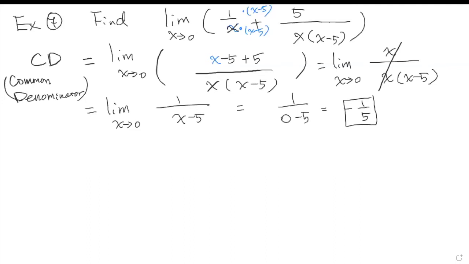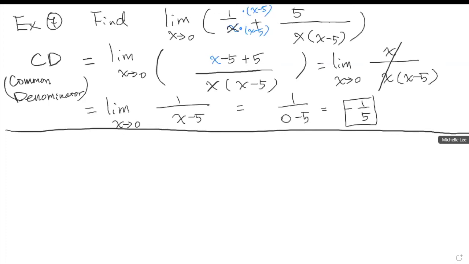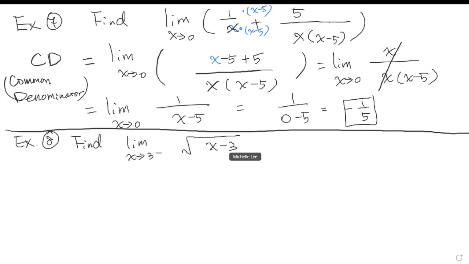All right. So now this is what we did the last time. Okay, this graph is like that. Square root, right? Then we are approaching 3 from the left.